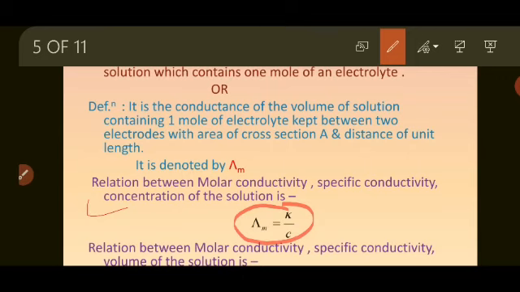So molar conductivity is equal to specific conductivity divided by the concentration of the solution.